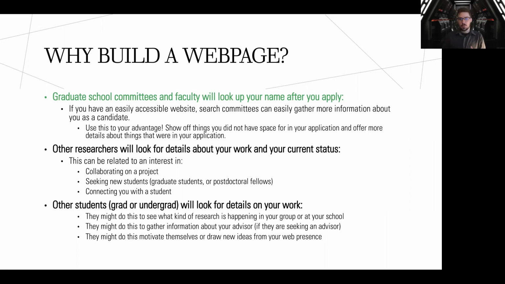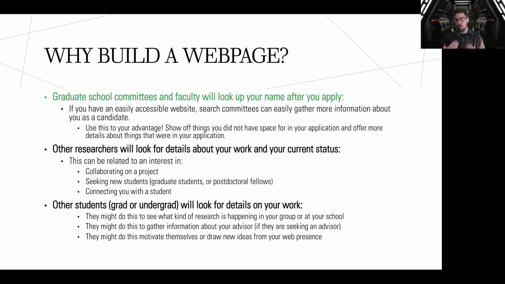Other researchers will look for you on the web for details about your work and your current status. This is whether you're an undergraduate, a graduate student, a postdoc, a staff scientist later on in life, or a professor. They might be looking you up to look into collaborating on a project, or if you're a student or a postdoc, they might be seeking new students or postdocs.